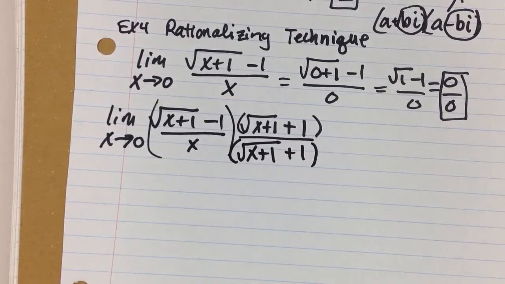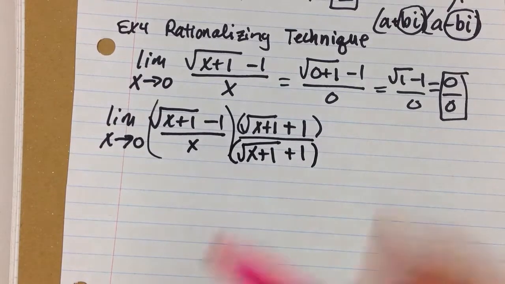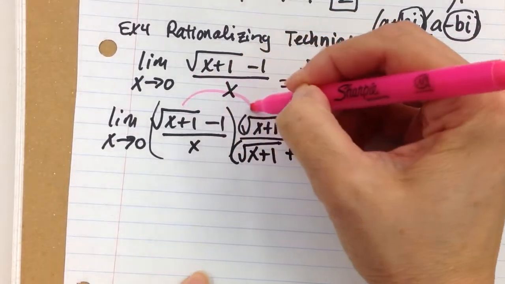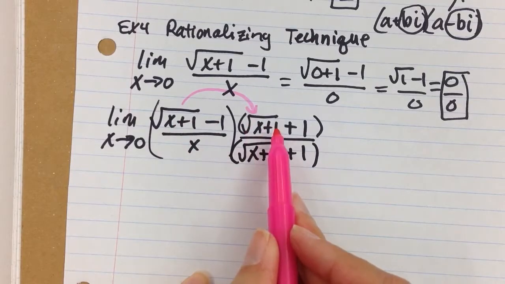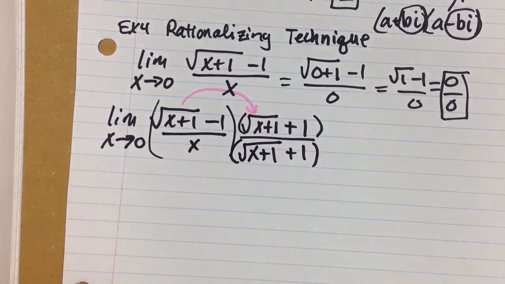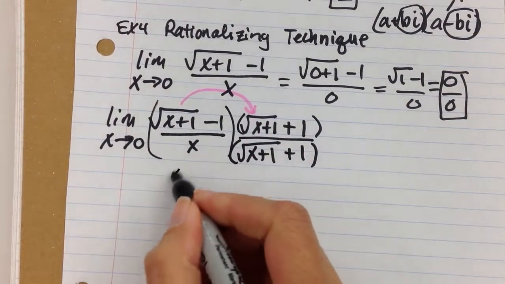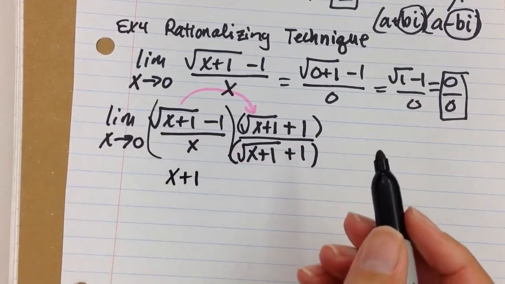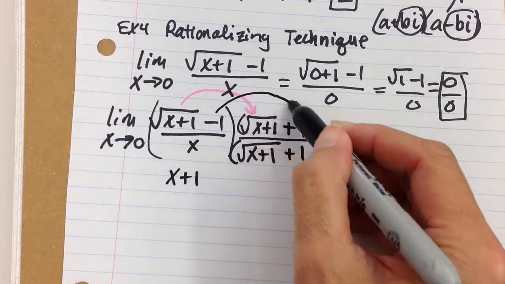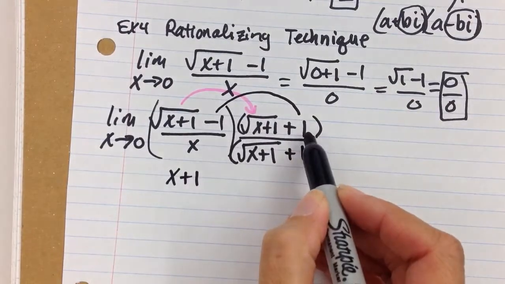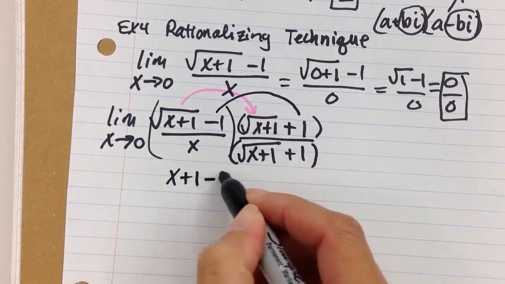Now watch what happens when we do this. When we multiply square root of x plus 1 times square root of x plus 1, what is that going to give you? x plus 1. Wow, we got rid of the square roots. That's kind of nice. And then we also multiply the last two. Negative 1 times positive 1 is negative 1.